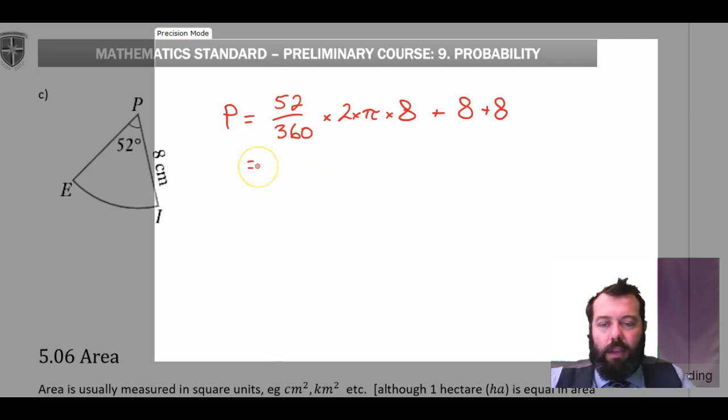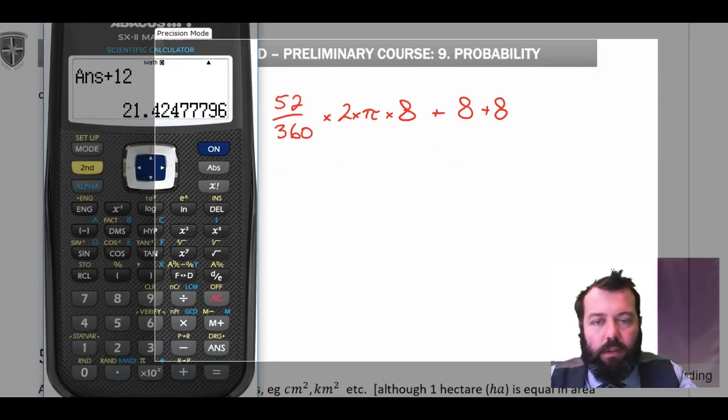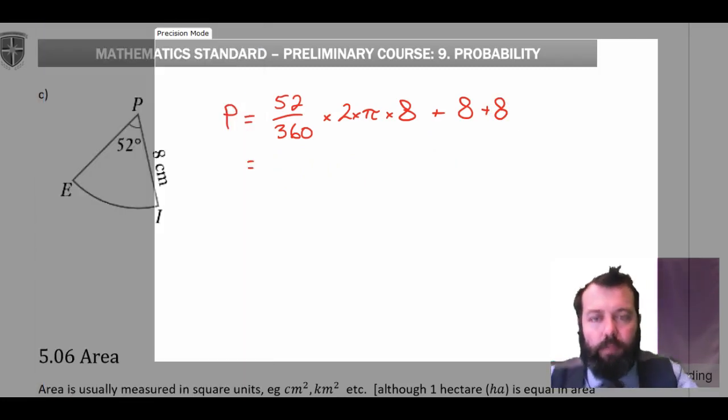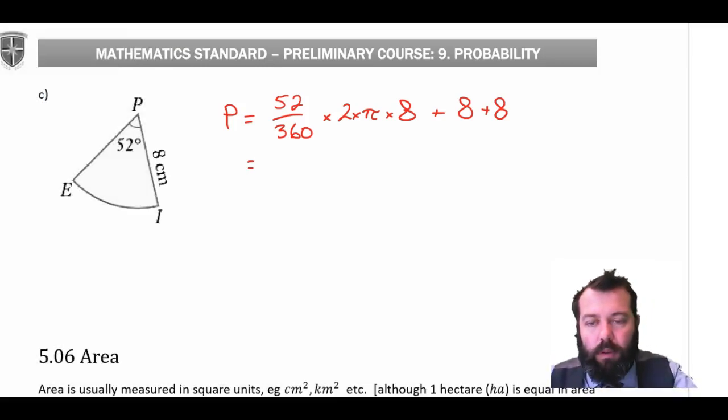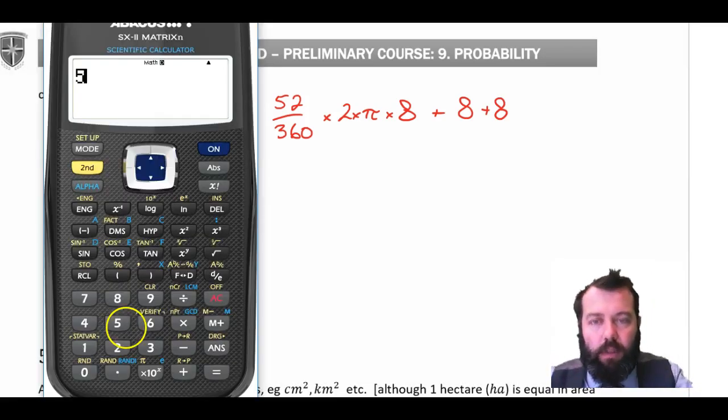Again, I know you're going to love this. Here comes the calculator. So, calculator. 52 over 360 times 2 times pi. Oh, I missed the 2.